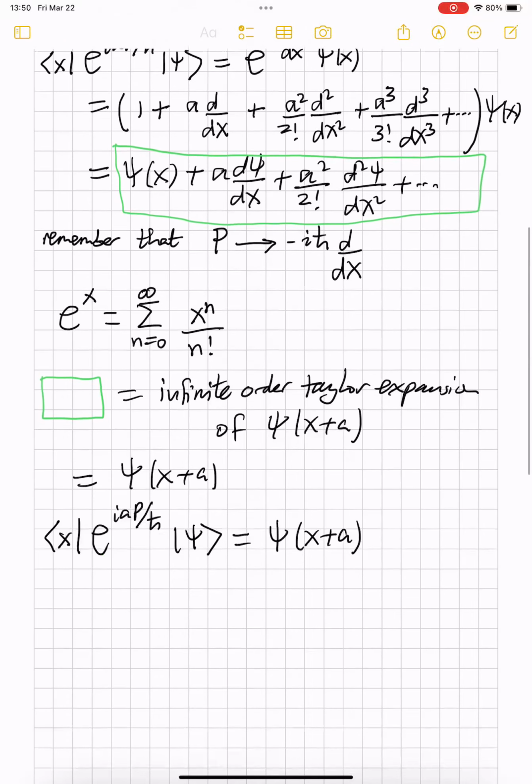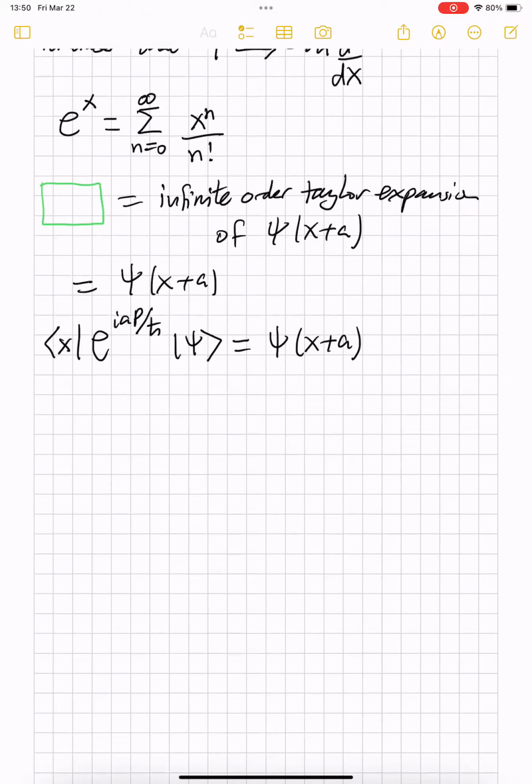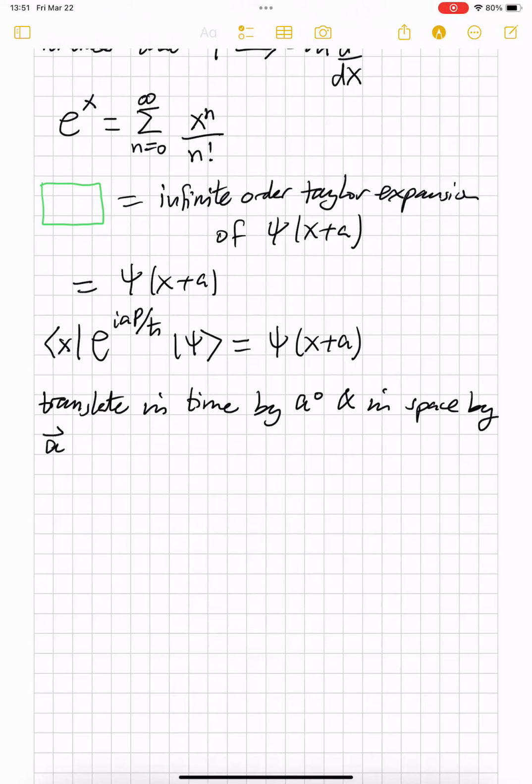Okay. Now I'd like to combine the spatial translation with the time translation that we've already considered. So I want to translate in time by a naught and in space by a, i.e., I want to translate by a mu, which is a naught, comma a.